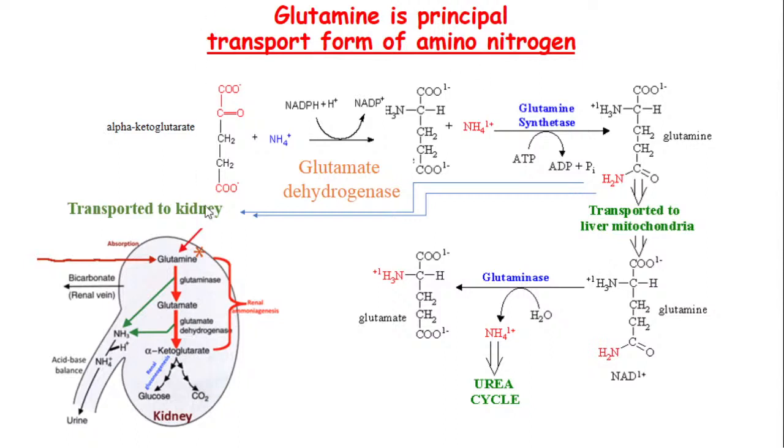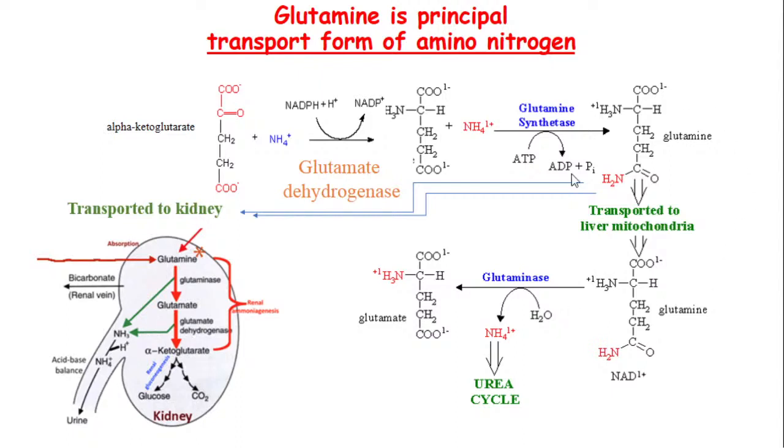And alpha-ketoglutarate in kidney also can be used for gluconeogenesis. You know that near 50% of the gluconeogenetic pathway is localized in kidney. Or it can be cut until final products of metabolism are obtained. Free ammonia can be excreted by kidney to urine.